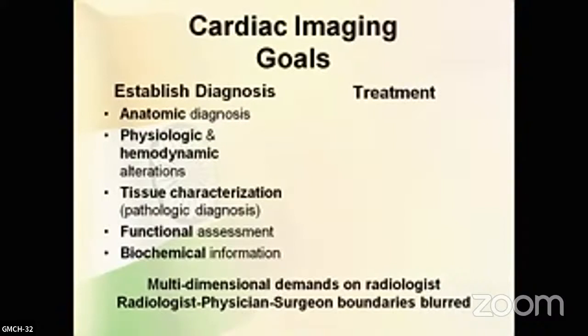That's part of our report. It also includes tissue characterization or pathologic diagnosis. I will show you a clinical example of it. It also includes functional and, in the newer technologies, some form of biochemical information also. So we have merged or married biomedical imaging and molecular imaging into the concept of imaging, as you know, in other parts of the body.